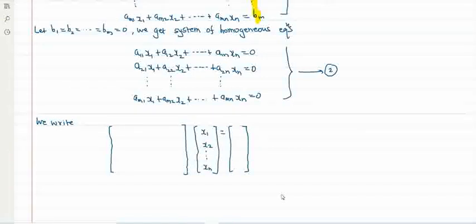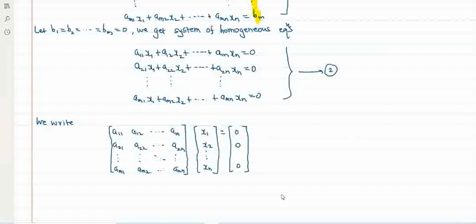From the first equation, what are the coefficients? a11, a12 and so on, a1n equal to 0. Second equation a21, a22, a2n equal to 0. So likewise continue, the last row am1, am2 and so on, amn equal to 0.